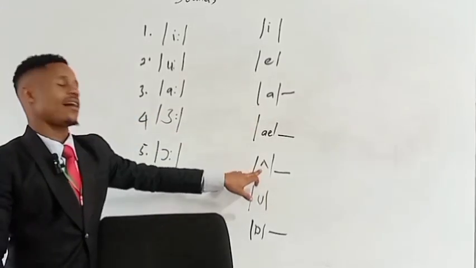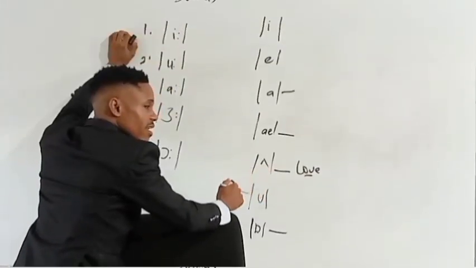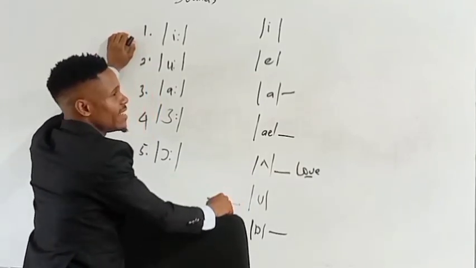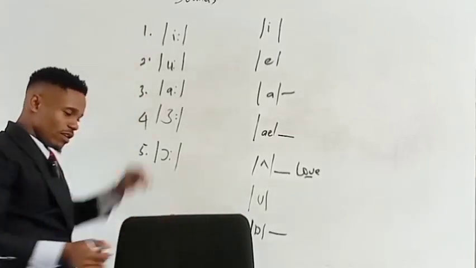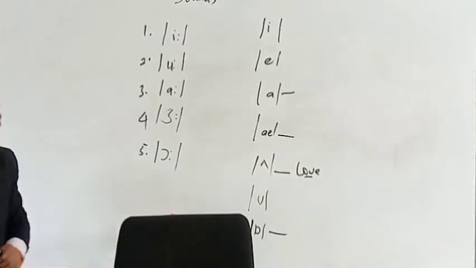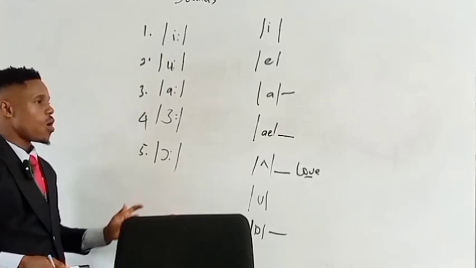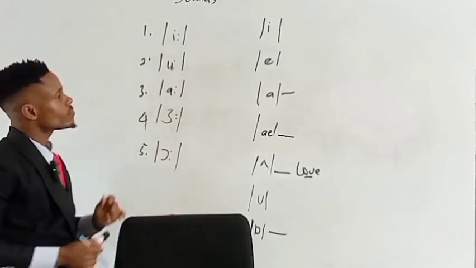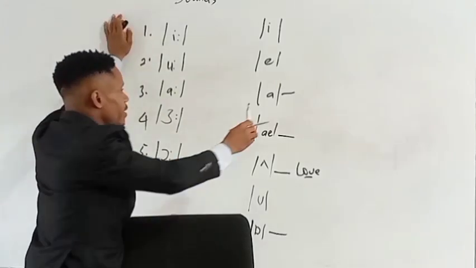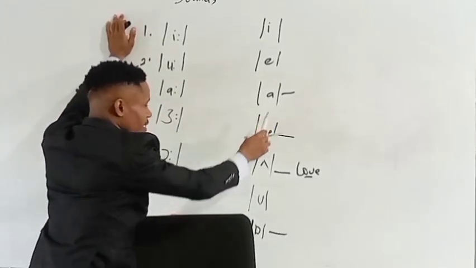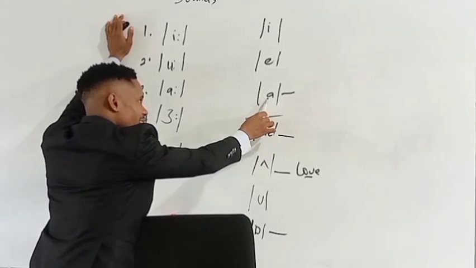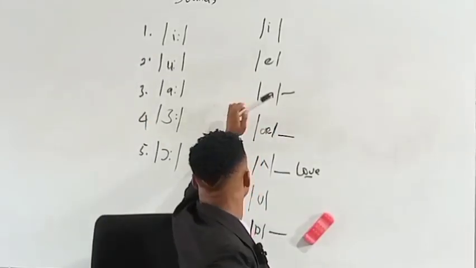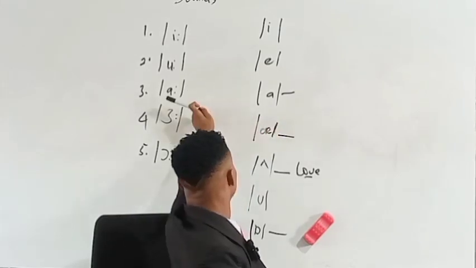This thing here is "laugh." And then you can also find it in "money." Some people will say, give me some "more-ney," but then it's wrong. Money. And then this is the direct "ah." So now this one is the short of this.